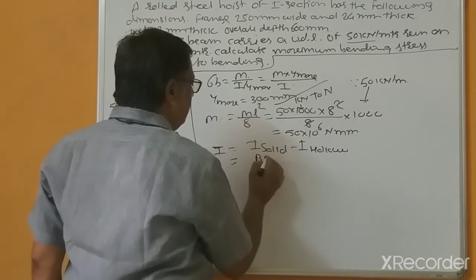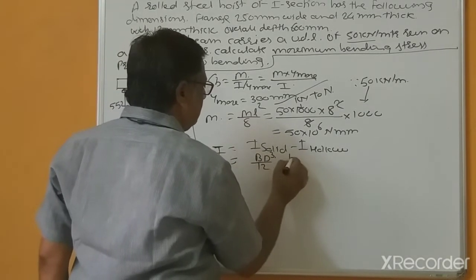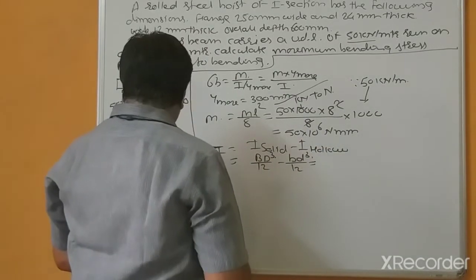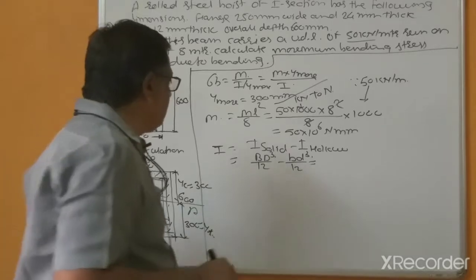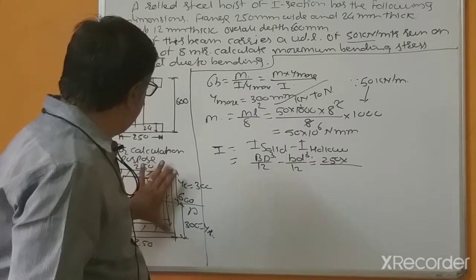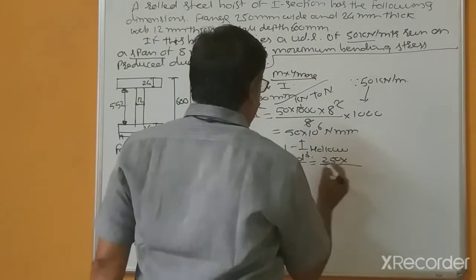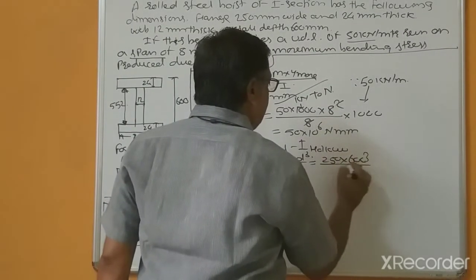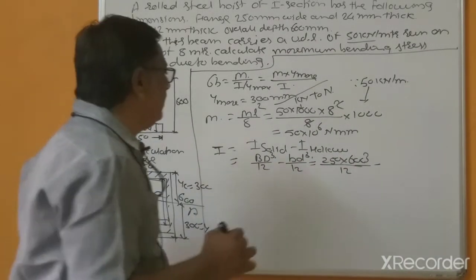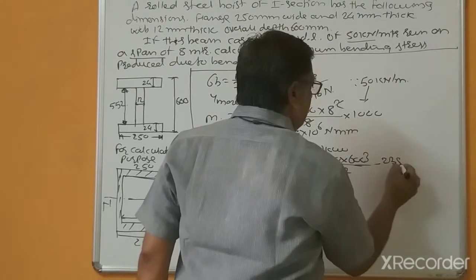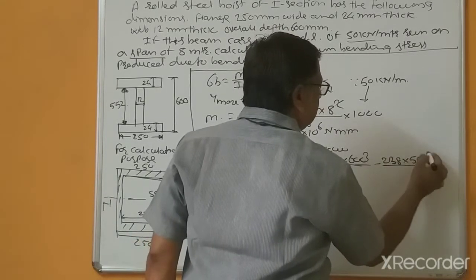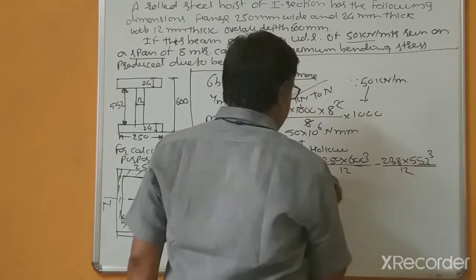Solid equal to BD cube divided by 12, with B equal to 250, and D equal to the total overall depth 600, cube divided by 12, minus the hollow: 238 inside, 552 cube divided by 12.